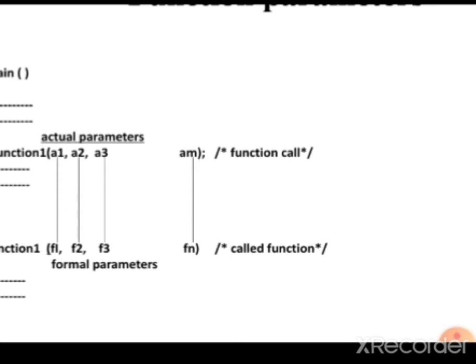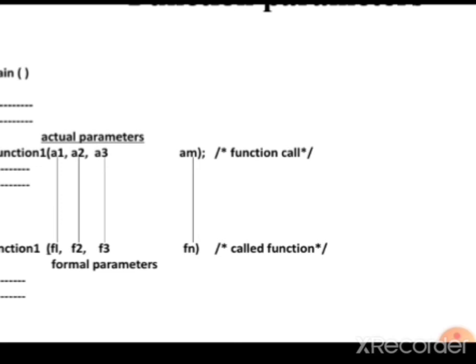The first parameter of the function definition is assigned the value of the first parameter of the function call.